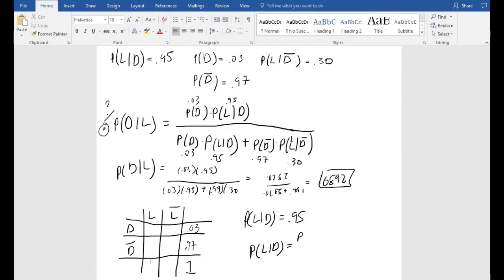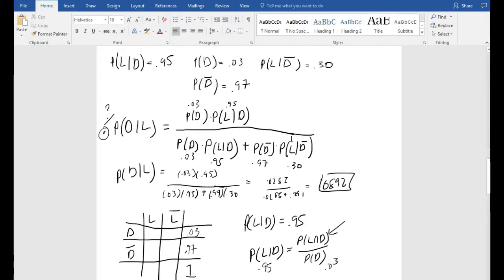We know that that is equal to the probability of L and D all over probability of D. The only unknown here is this intersection. We have the probability of L given D, which is 0.95, and we have the probability of D, which is 0.03. So in order to find the probability of L and D, we multiply both sides by 0.03. So we get 0.95 times 0.03 in order to find our intersection probability, and that is going to give us 0.0285.